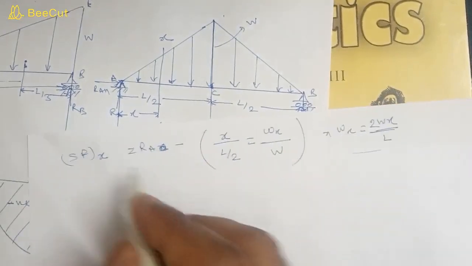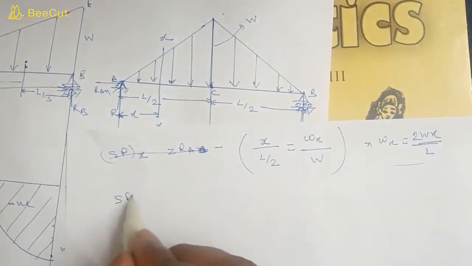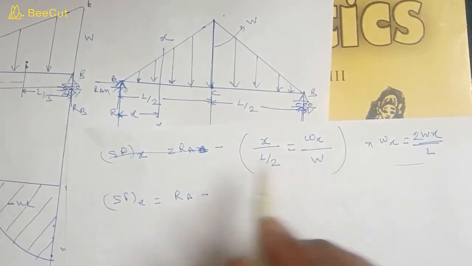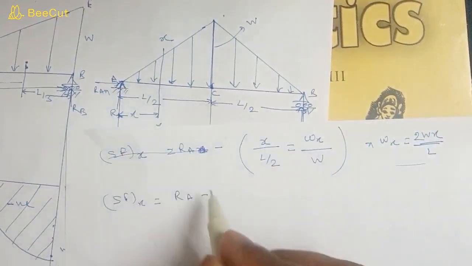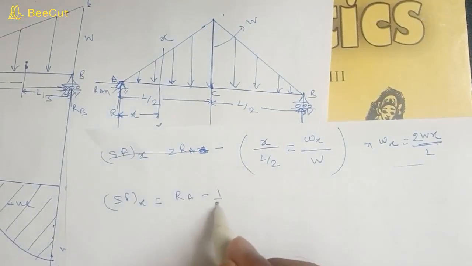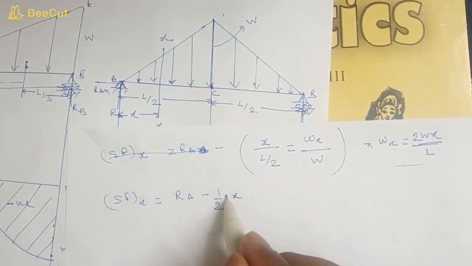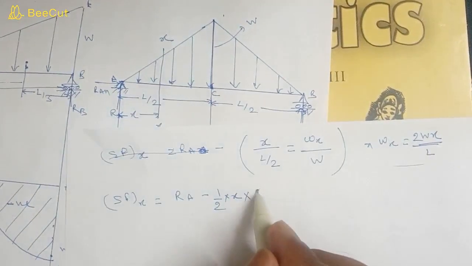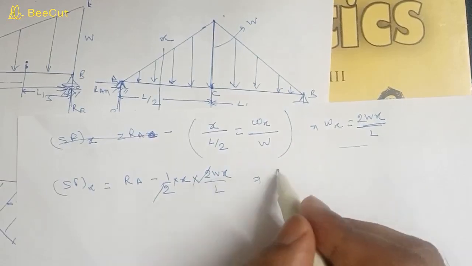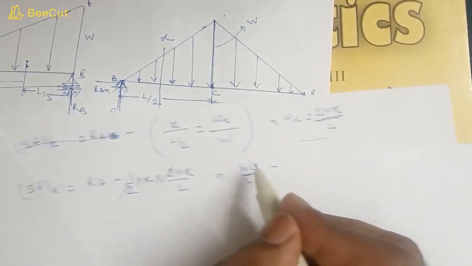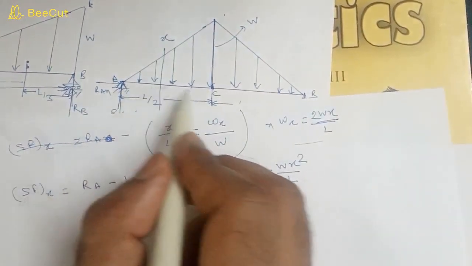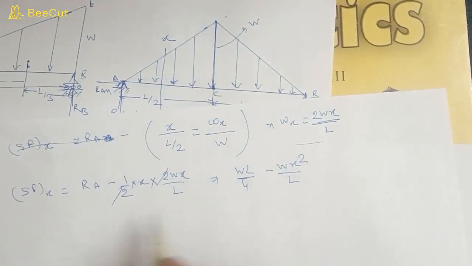Okay, so shear force at x is equal to RA minus the load. RA is positive as per sign convention, and minus the shear force due to this section. So half into base x into height 2Wx by L. So 2 will cancel 2. So it will become RA, which is WL by 4, minus Wx square by L. If we have to calculate at x is equal to L by 2, then we will put x equal to L by 2.